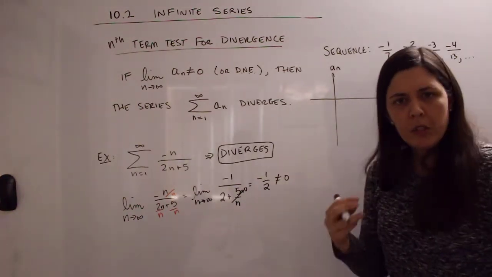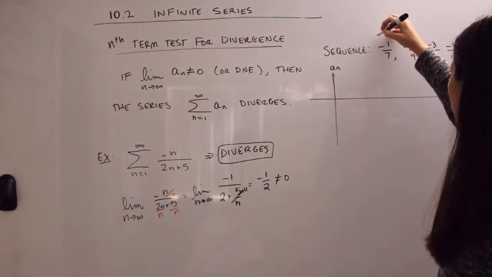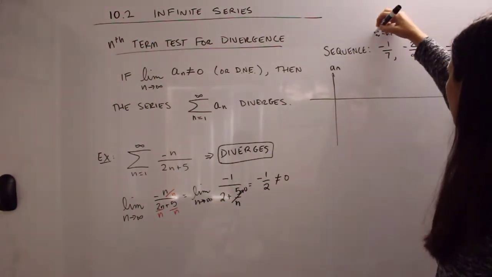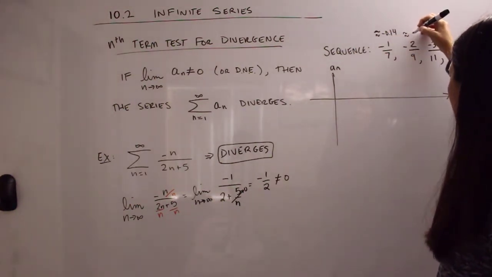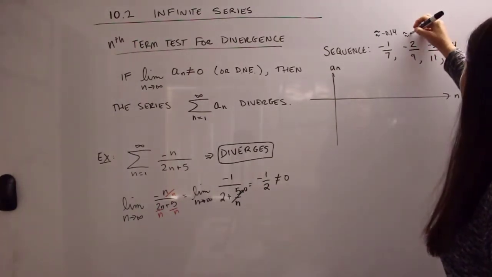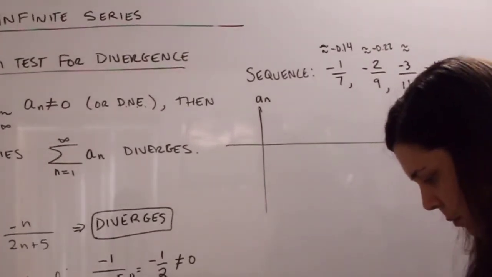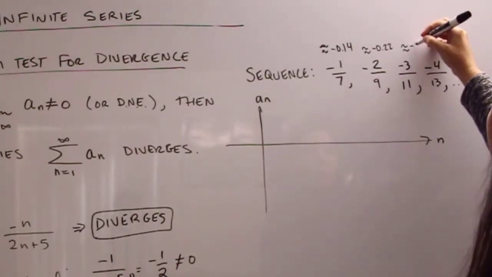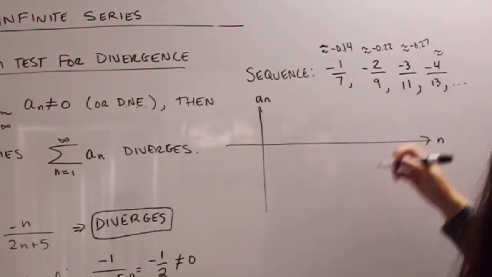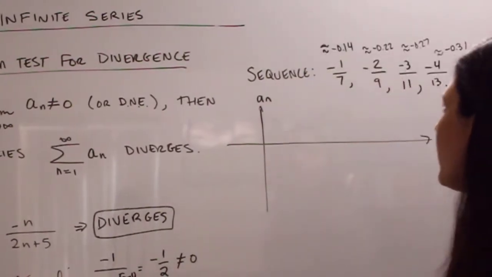I'll put them in decimal so they make a little more sense. -1/7 is about -0.14. -2/9 is about -0.22. -3/11 is about -0.27. And -4/13 is about -0.31. That's going to help us plot those points a little better.